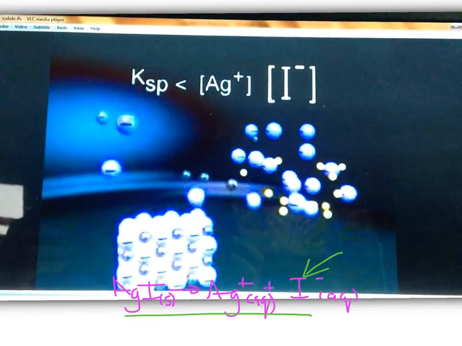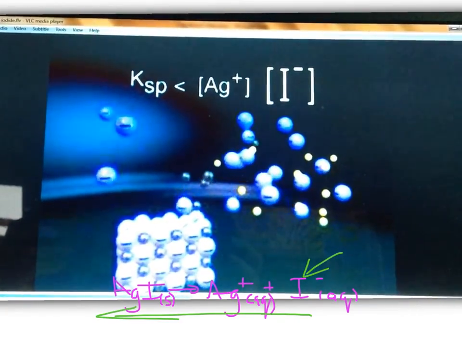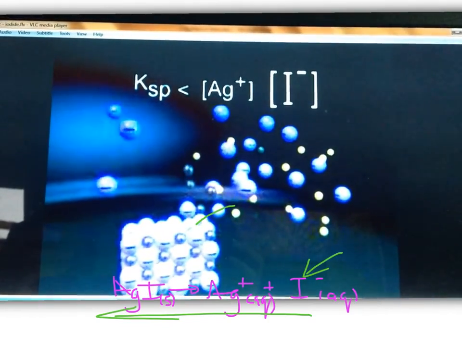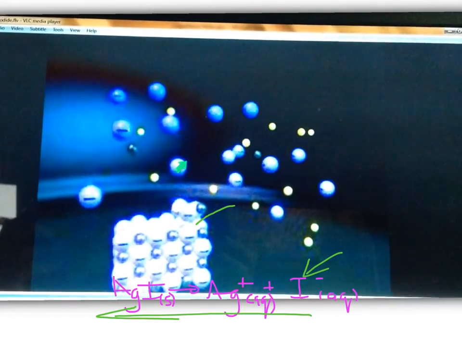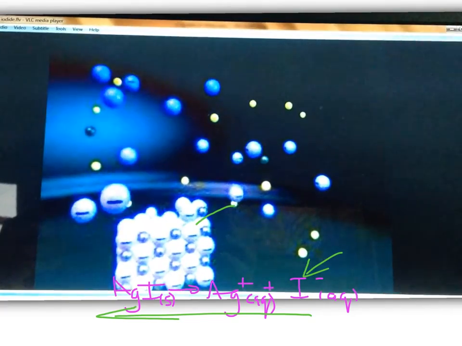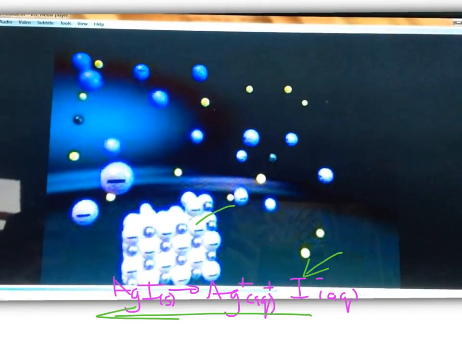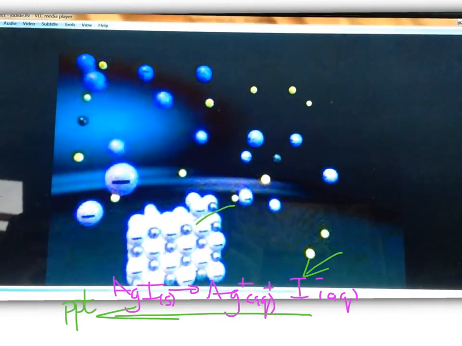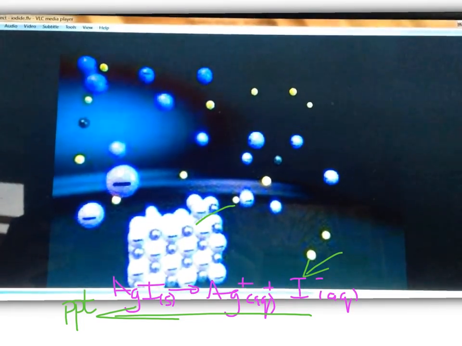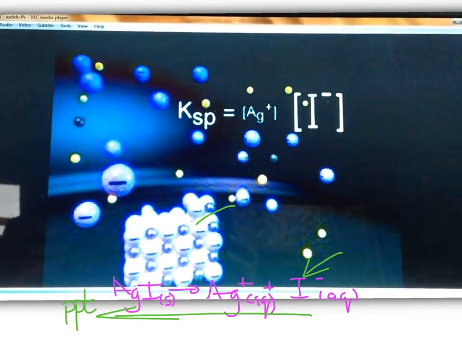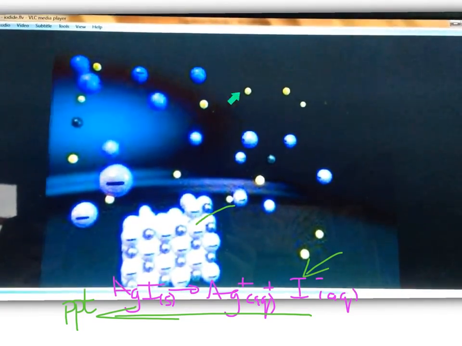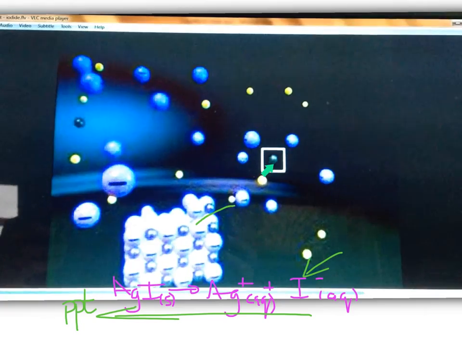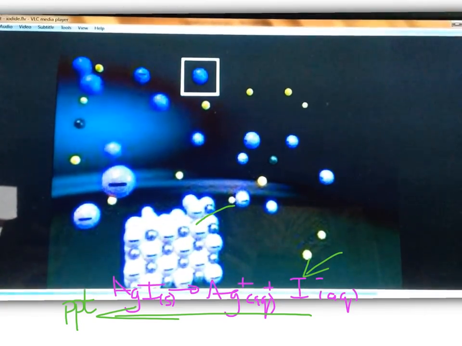This means that the product of the silver and iodide concentrations exceeds the solubility product constant. Because the product of the ion concentrations exceeds Ksp, additional solid silver iodide forms until the product of the iodide and silver ion concentration again equals Ksp. At equilibrium, when the product of the silver and iodide concentrations equals Ksp, the silver ion concentration is much smaller than the iodide concentration.